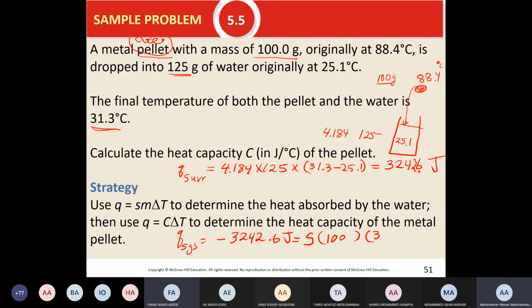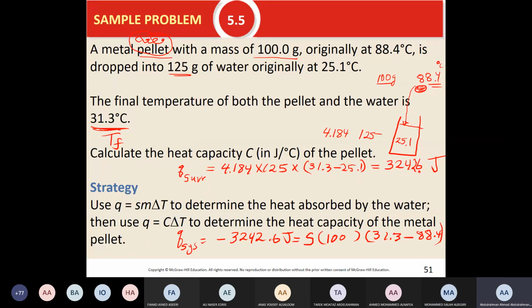It's actually 88.4 minus 31.3. No, wrong. It's 31.3 minus 88.4. Why? The final minus the initial. Yes, exactly. This is T final for both of them. And this is T initial. That's why it is like this.